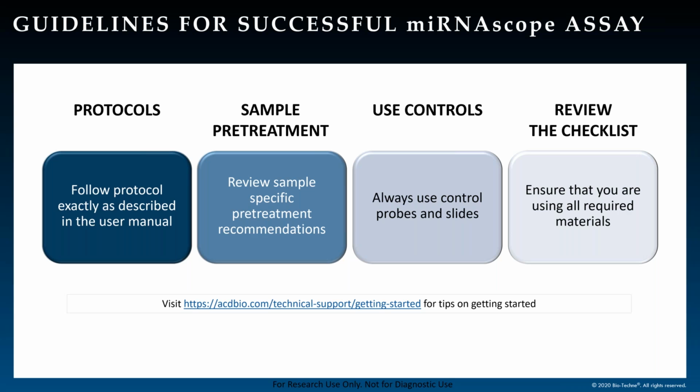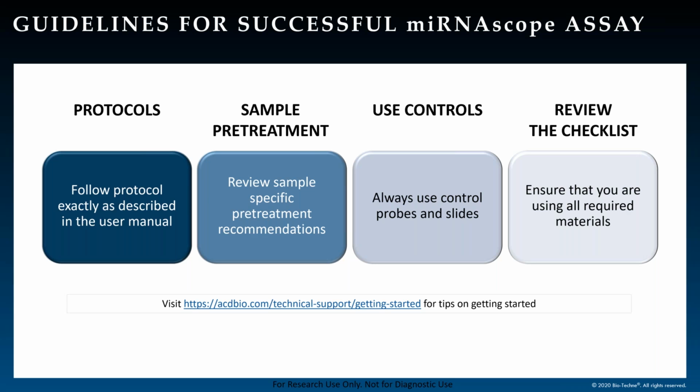Some general tips to ensure success with the miRNAscope assays are, first, to follow the protocol. We have various protocols with necessary details to help address the best way to run our assays. The miRNAscope assay user manual contains sample prep and pretreatment for most tissue types and the assay protocol. The sample pretreatment is very important to ensure that you get the optimal signal.